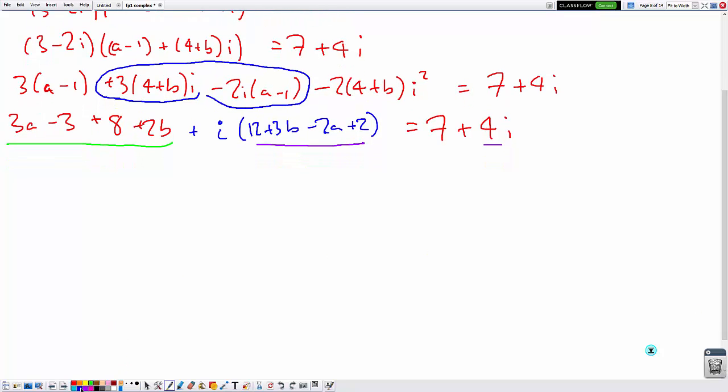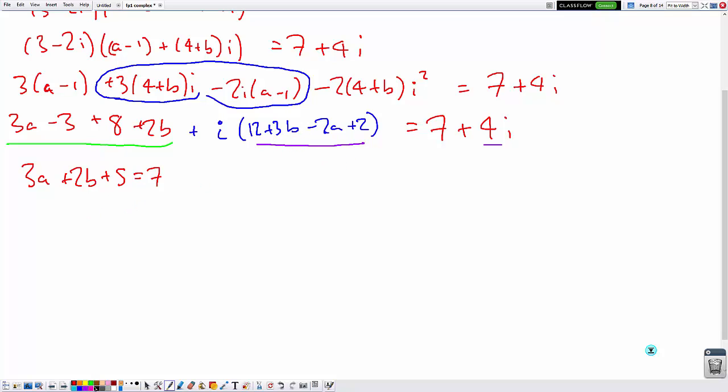We'll actually have some simultaneous equations. So let's simplify these. My first equation gives me 3a plus 2b plus 5 is equal to 7. Let's just leave it like that for now.